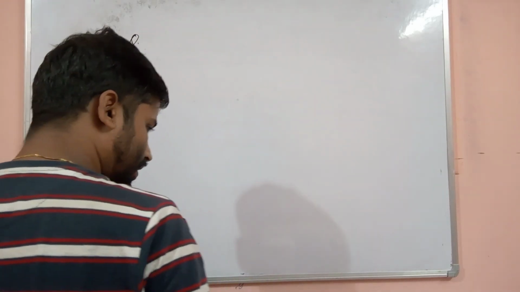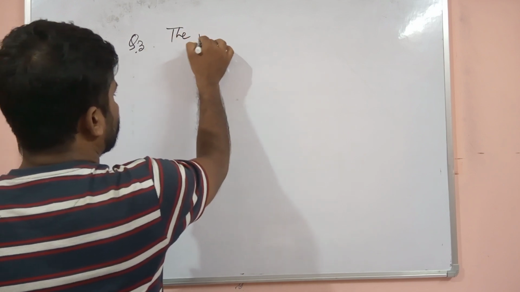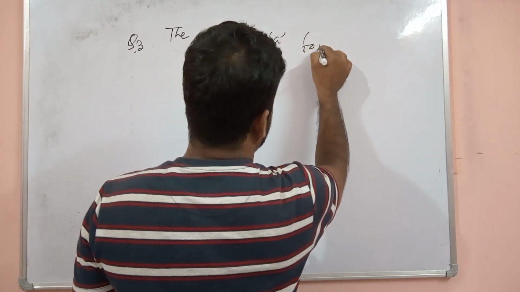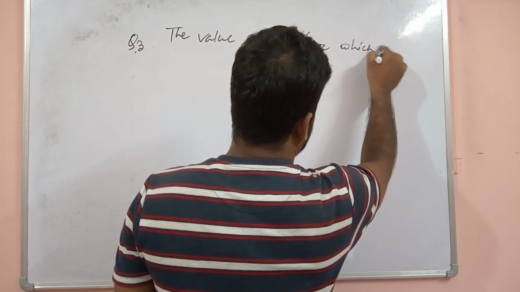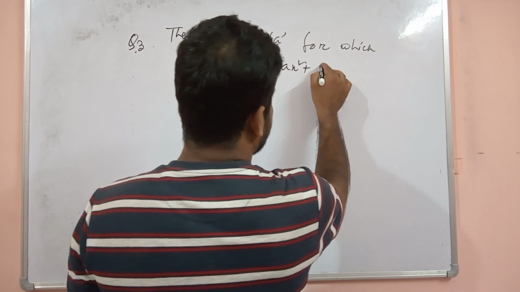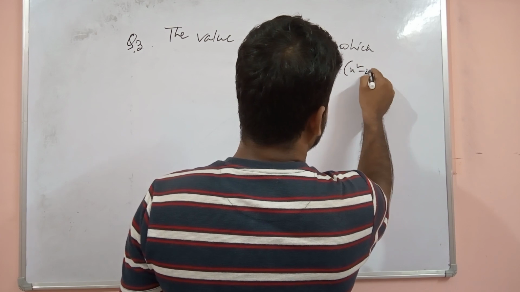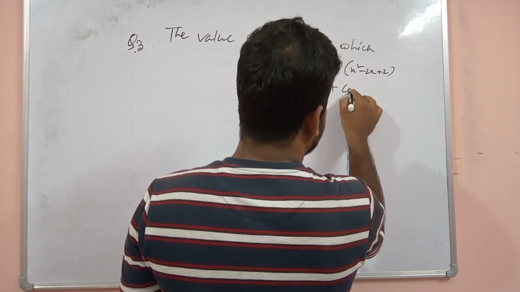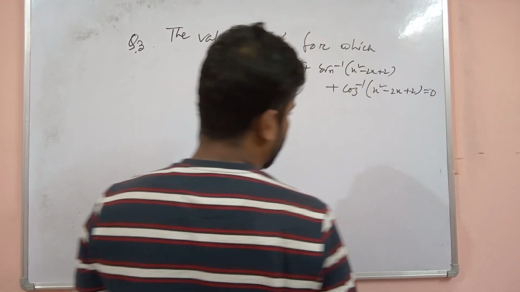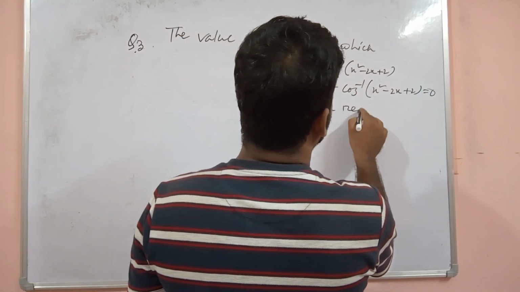Question number 3. The value of a for which a x square plus sin inverse of x square minus 2x plus 2, plus cos inverse of x square minus 2x plus 2, equal to 0 has a real solution.